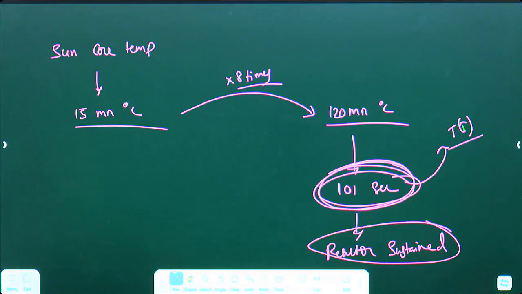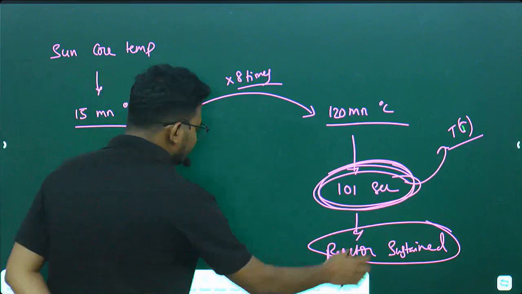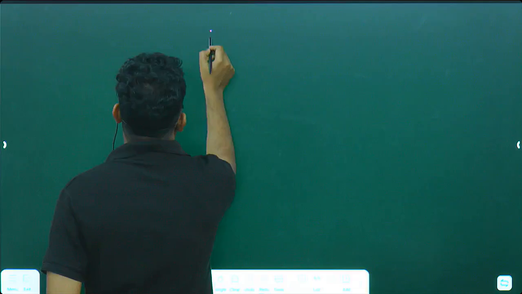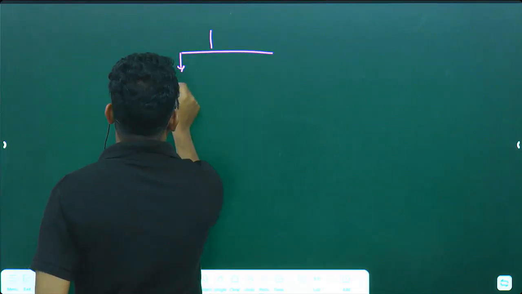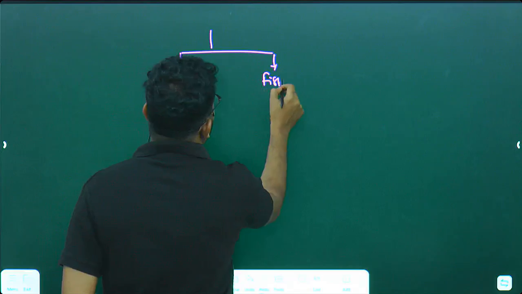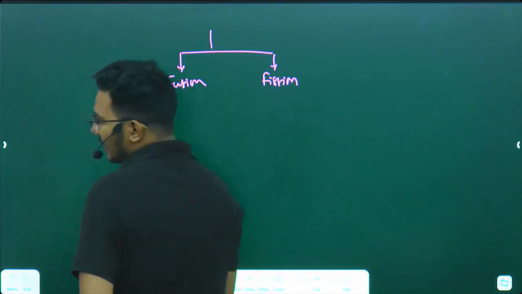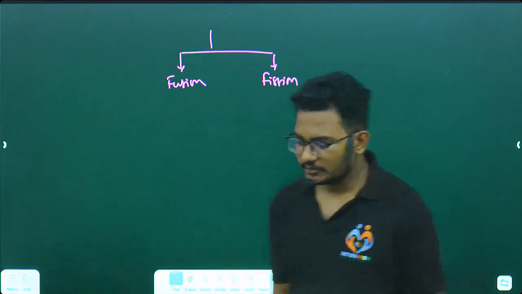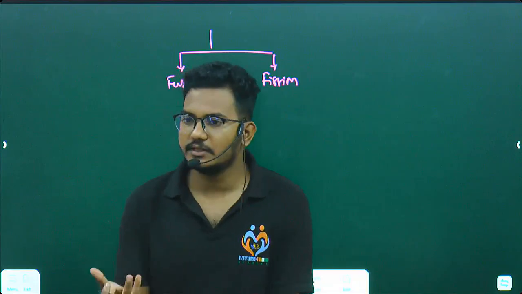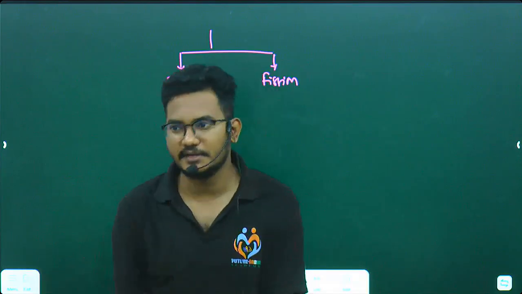Okay, next. I have told you nuclear reactions are of two types: fusion and fission. As I told you in the heat chapter, if there is a fuel and we burn it, we get energy, and on the other side we get waste.